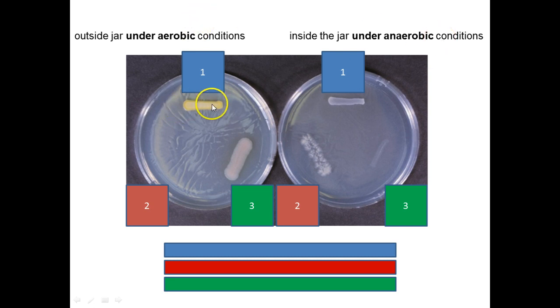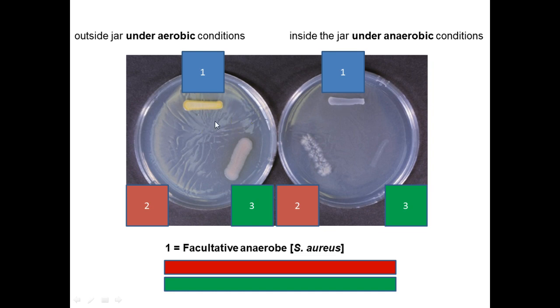Notice that under aerobic conditions and anaerobic conditions, it still grew. And we actually see a difference in the growth under aerobic conditions. It's even a different color. So what classification would this organism be? It's growing under both conditions. This is our facultative anaerobe. This would be our Staphylococcus aureus.